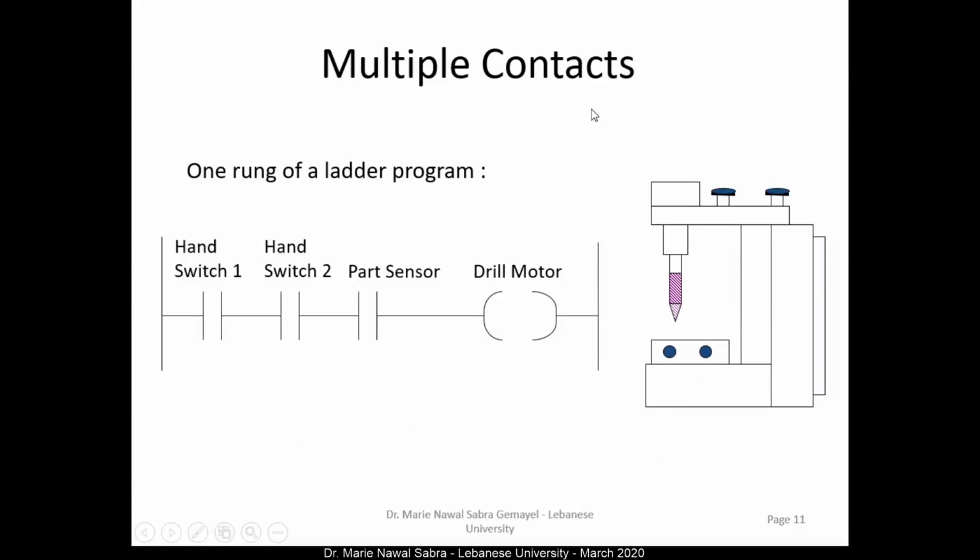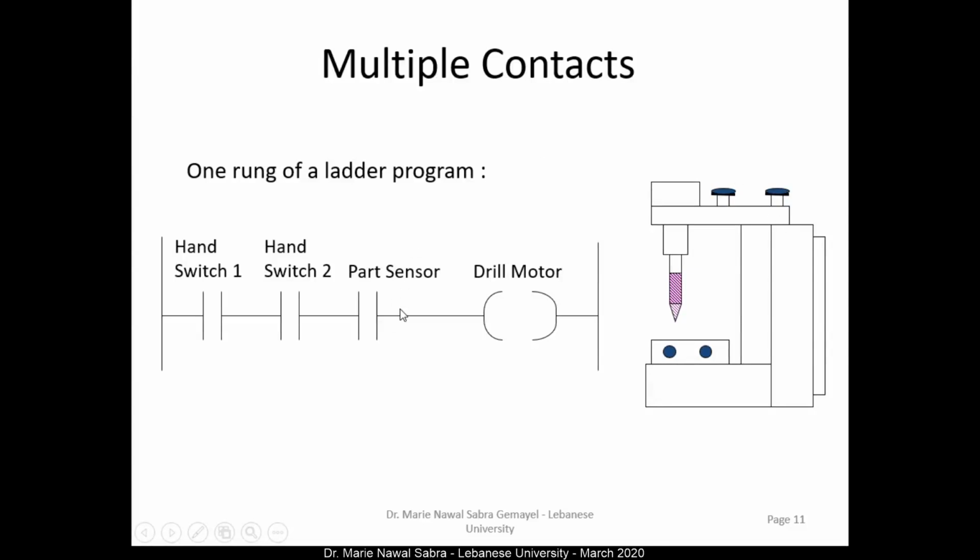How to connect multiple contacts together. For example, here I have a hand drill to drill items, and I want to be sure that the worker has his two hands off the part underneath the drill so that he doesn't hurt himself. So I put two switches here for left hand and right hand, and the part sensor.